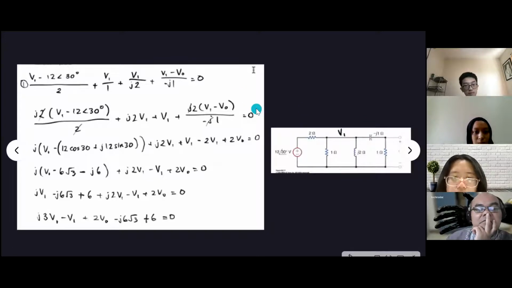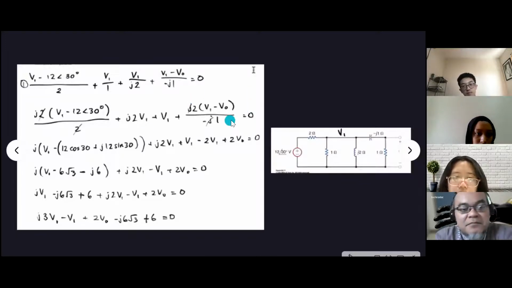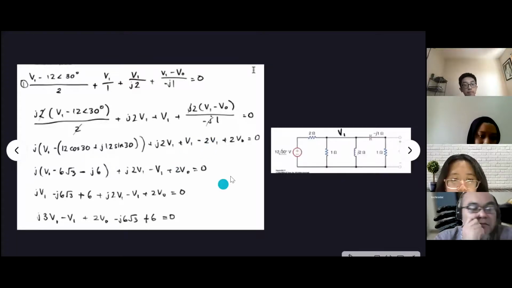And then after that, we multiply the whole equation with J2, and then we cross out anything that is not needed. After that, we change the negative 12 angle 30 to complex form. And then we make it into numbers. And then after that, we simplify it. And then the result is this, the bottom part.